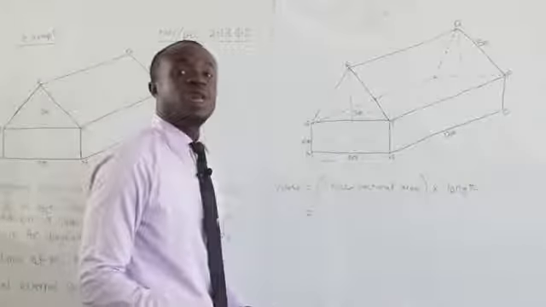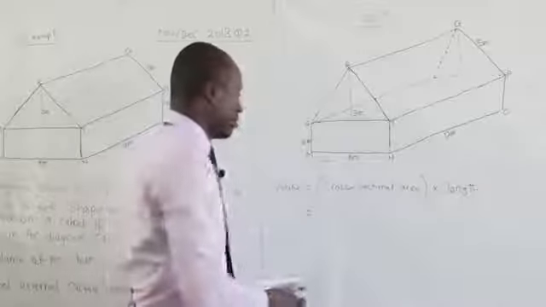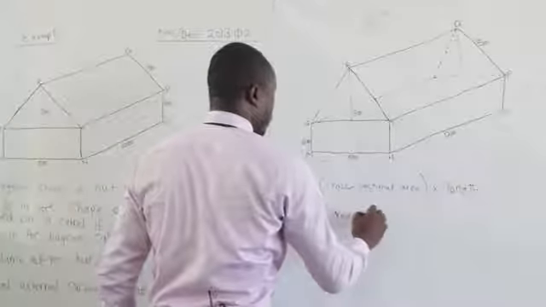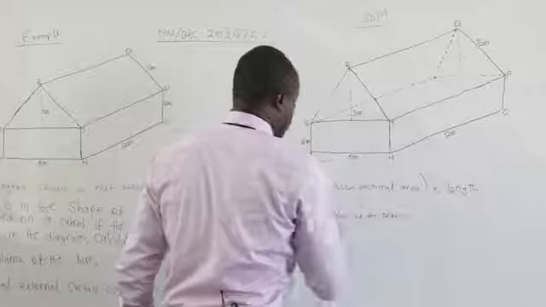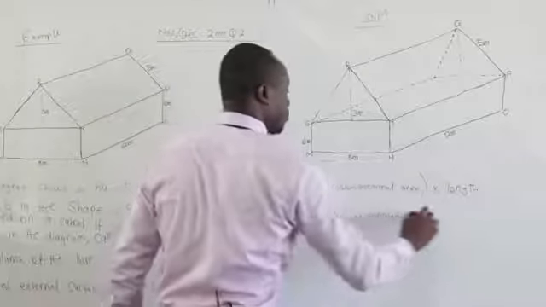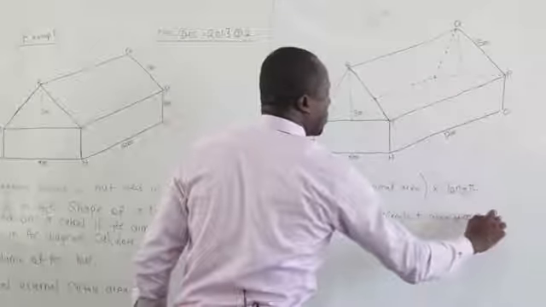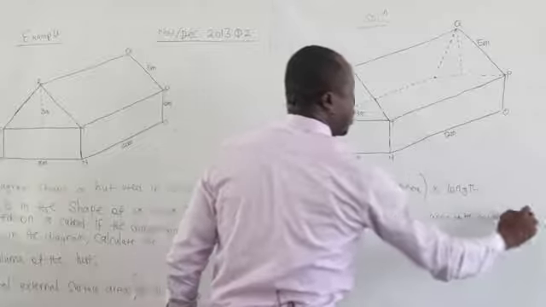The cross-section is made up of two things, a triangle and a rectangle. So you can say that that is area of the triangle plus area of the rectangle, times the length.